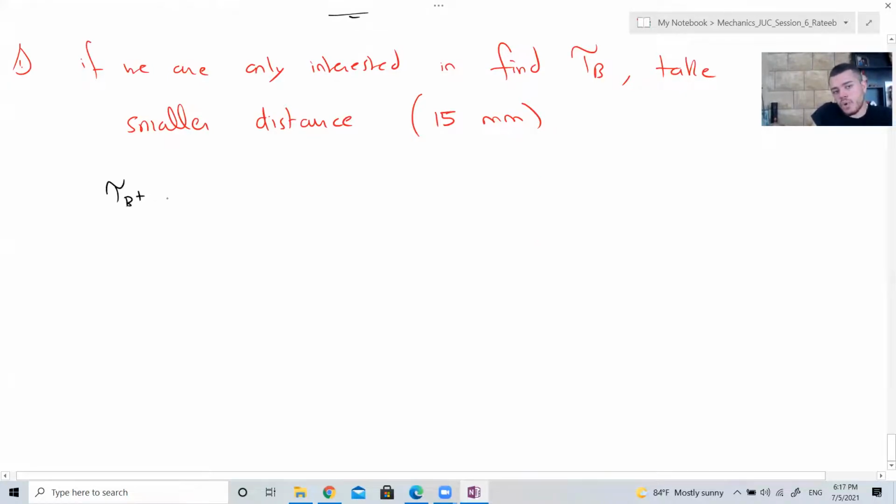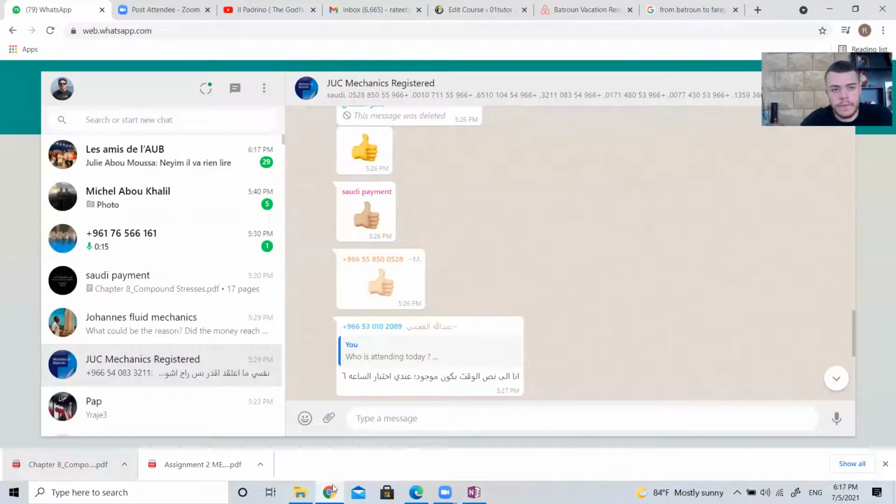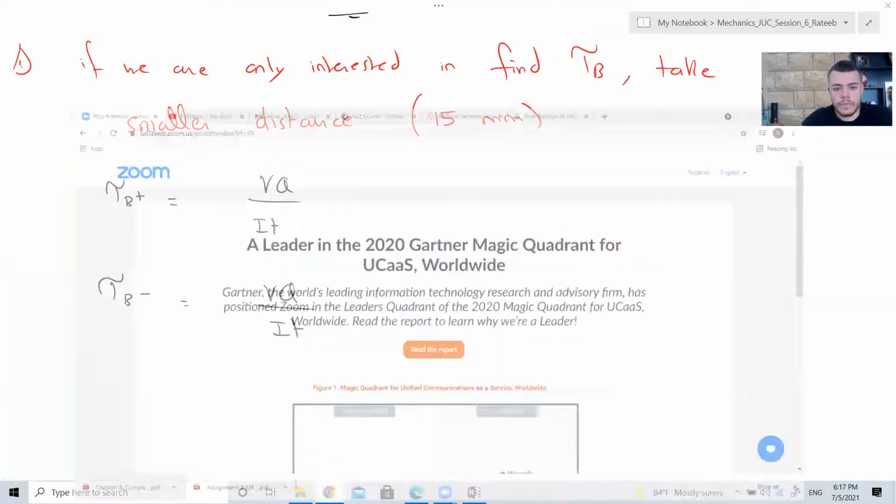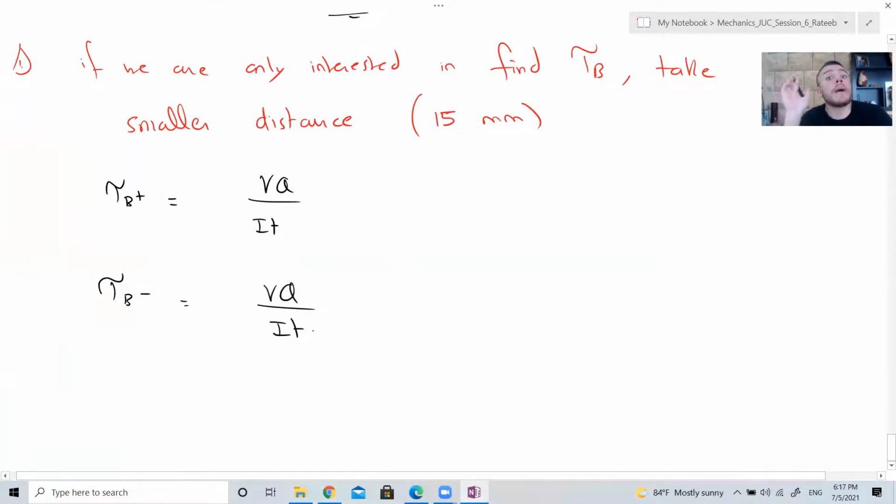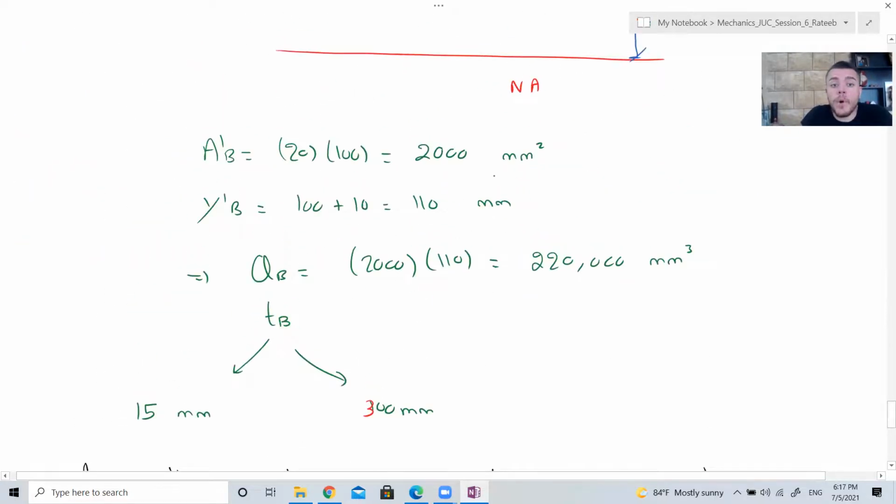So here you have two shear stresses, tau B plus and tau B minus. Am I clear? Yes. So what is the shear force? It's 80,000. What is Q for point B?